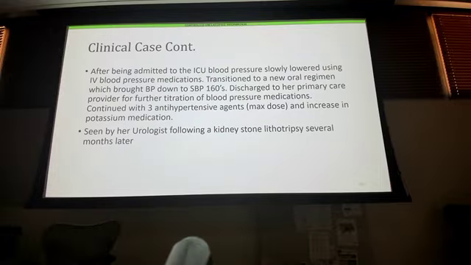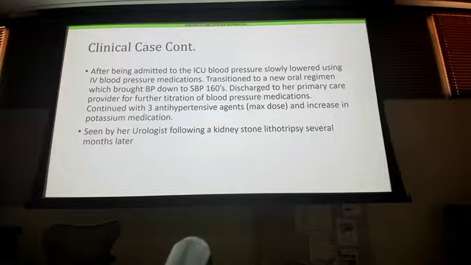Okay. So let's go back to our clinical case. After being admitted to the ICU, this patient's blood pressure slowly came down. They transitioned her to a new oral regimen, which brought her blood pressure down to systolics of 160s, and they thought it was okay for her to get discharged and sent back to her primary care provider for further management.